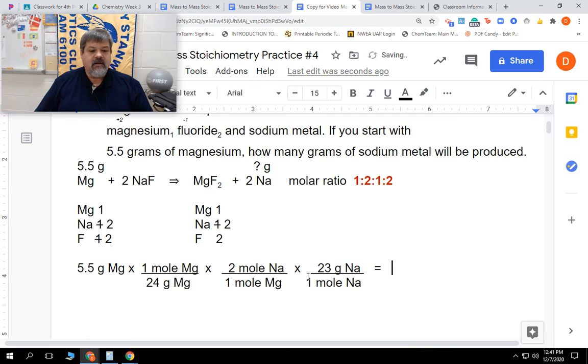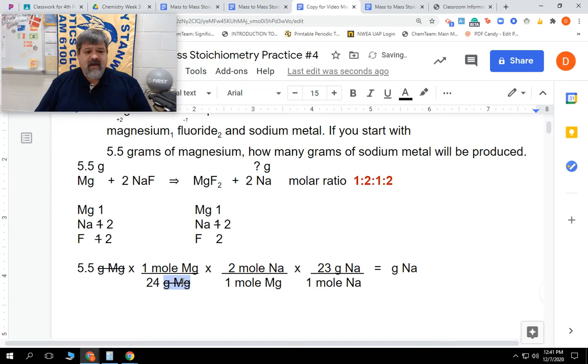Now, before we go ahead, we know that the answer is going to be in grams of sodium because that's what we need. It says how many grams of sodium metal. But if I left it like this, I would have to put all those units in there. But remember, we can cancel things out. If I have anything on top and on bottom, I can get rid of it. So I have grams of magnesium here that I can get rid of because I have grams of magnesium on the bottom.